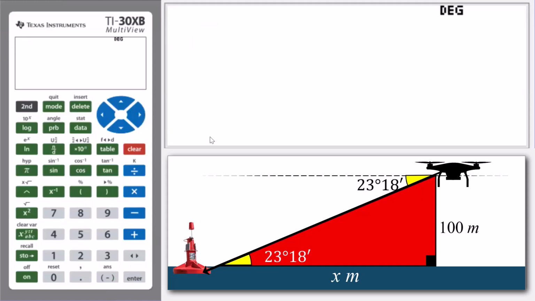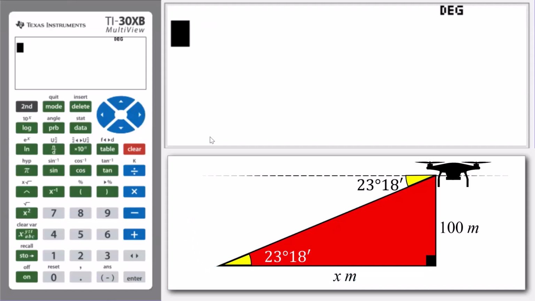You can also note that if that angle of depression is 23 degrees 18 minutes, then the angle inside the triangle is 23 degrees 18 minutes. Notice that we're required to find x, and also note that we've been told that the drone is 100 meters above the water.